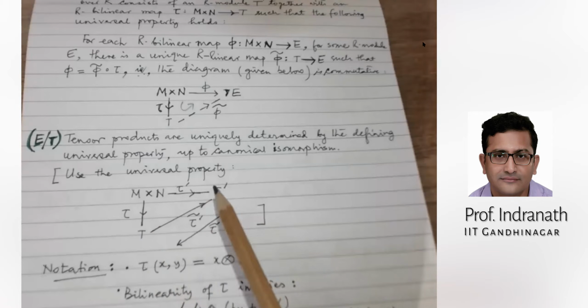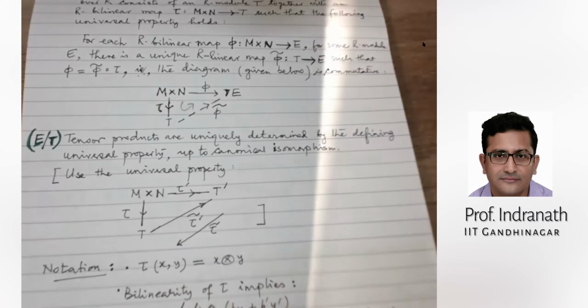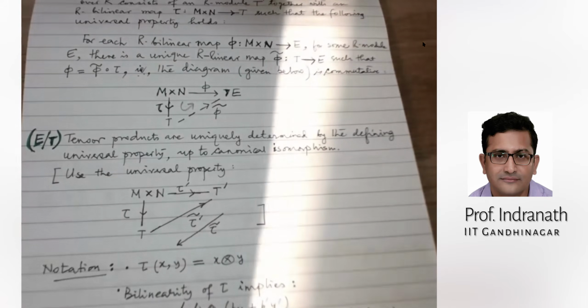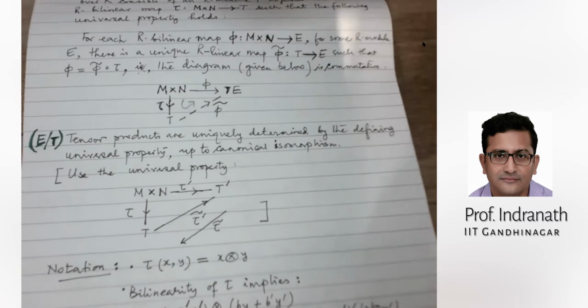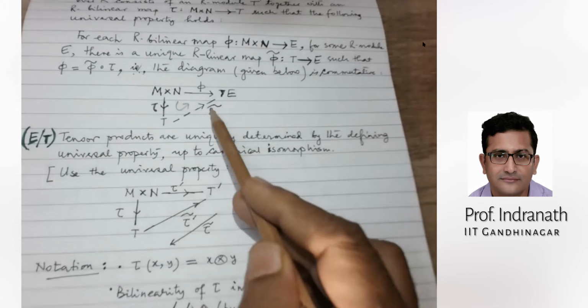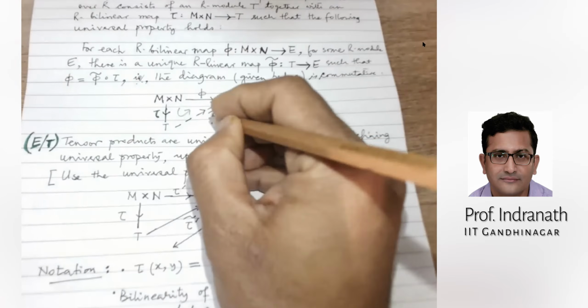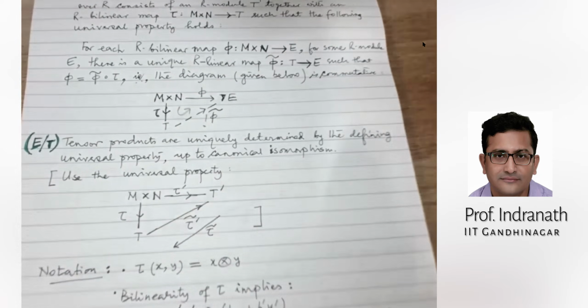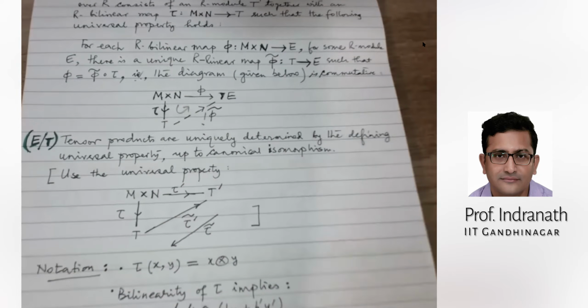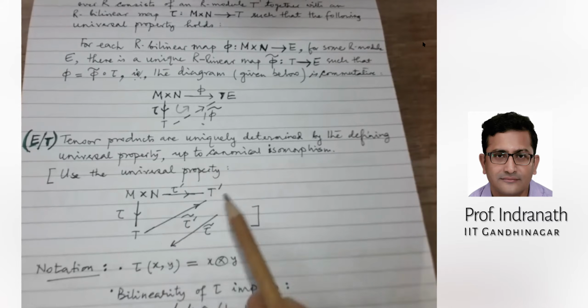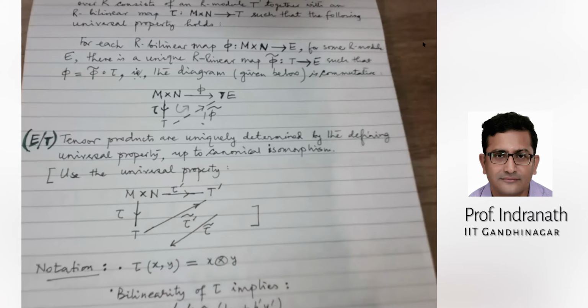Then you can check that their composition, etc., will be identity, using the uniqueness assumption on the map. Uniqueness shows that these are actually isomorphisms, and therefore T is isomorphic to T dash.